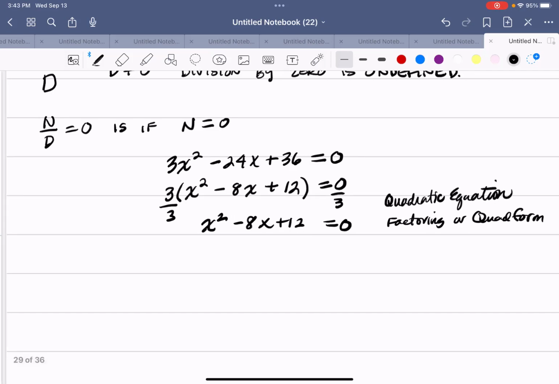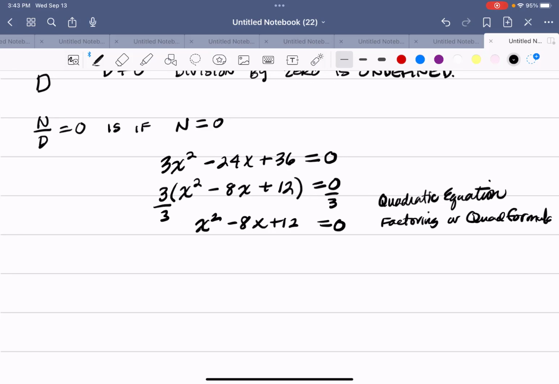Okay, so I'm just going to factor it, because I'm looking for the factors of 12 that will give me a negative 8. So I'm going to need a negative times a negative to give me a positive 12, and a negative plus a negative that will give me a negative 8.